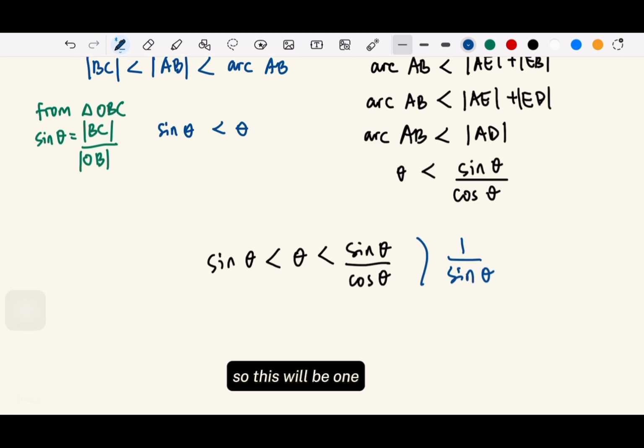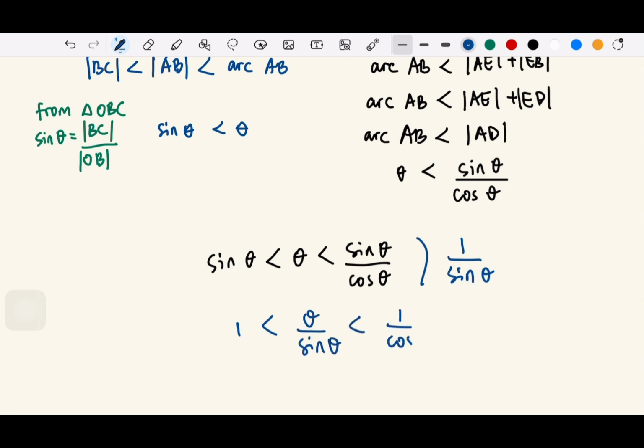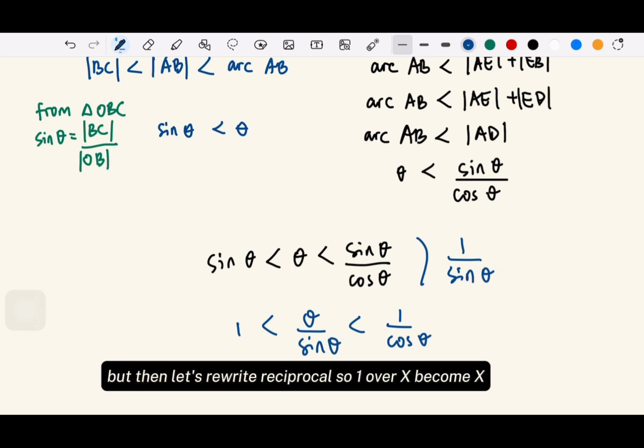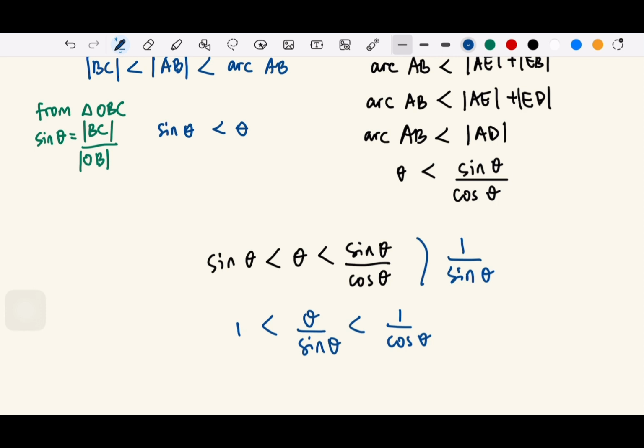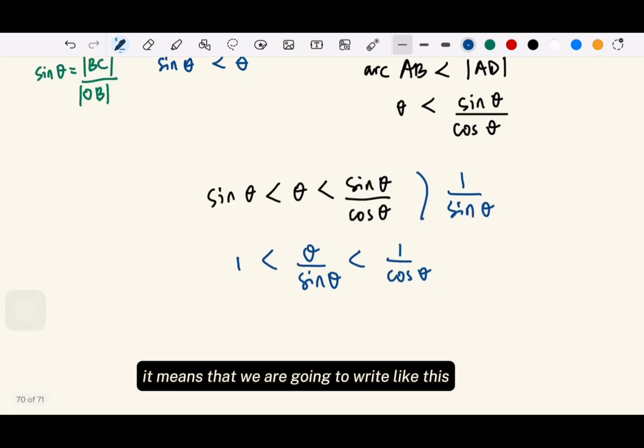So this will be 1, this will be theta over sine theta, and this will be 1 over cosine theta. Then let's rewrite with reciprocals: 1 over x becomes x, so theta over sine theta becomes sine theta over theta. It means we are going to write it like this.